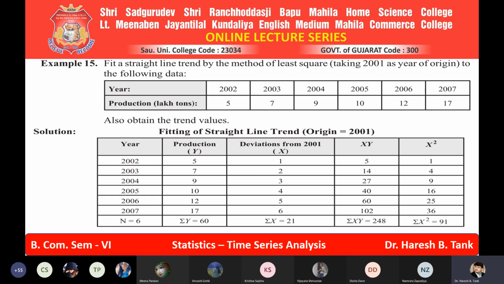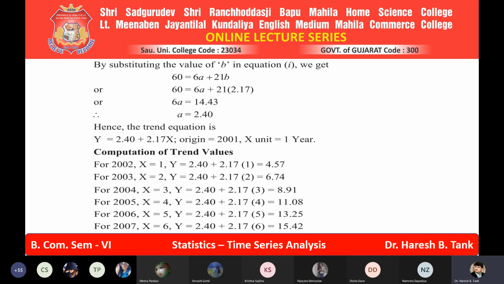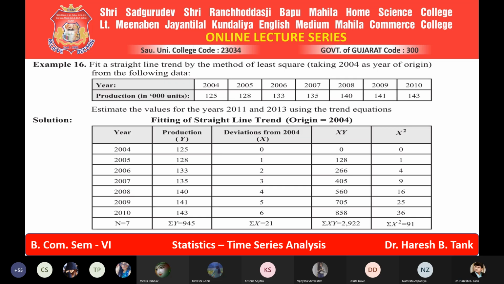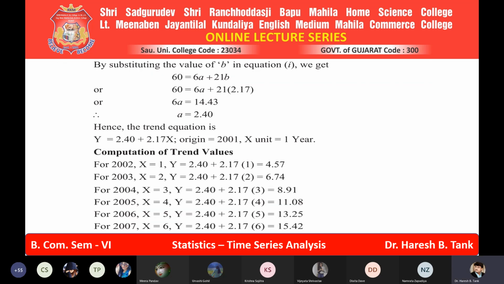That is where you have to write all these values: 4.57, 6.74, 8.91, 11.08, 13.25, and 15.42. Is it perfect? Any question about this? Anything you are not getting in this part?